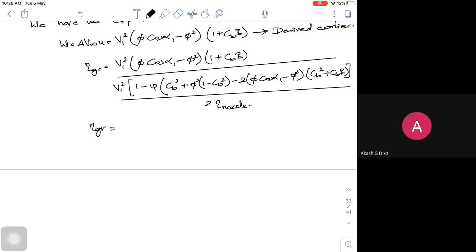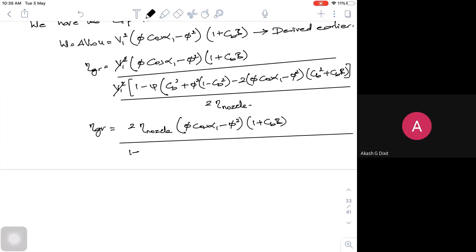I am left with 2 times your nozzle efficiency into phi cos alpha 1 minus phi square into 1 plus CB into B, whole thing divided by 1 minus psi into CB square plus phi square into 1 minus CB square minus 2 into phi into cos alpha 1 minus phi square into CB square plus CB into B. So this is your final expression for gross stage efficiency.